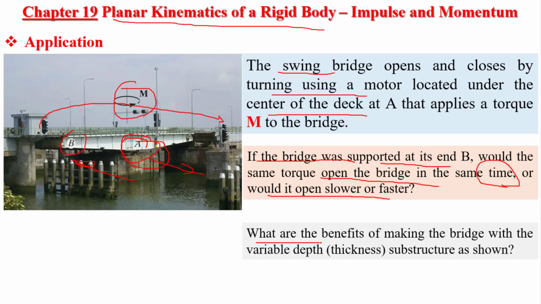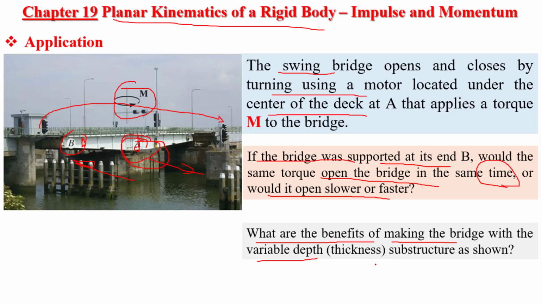Another question: what are the benefits of making the bridge with variable depth? You can notice here this is the deep part, but here it is thin. Does this shape affect the value of the moment or not?